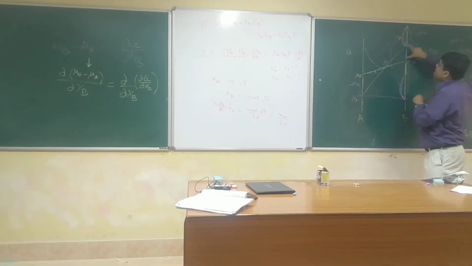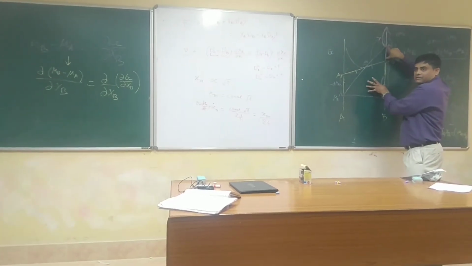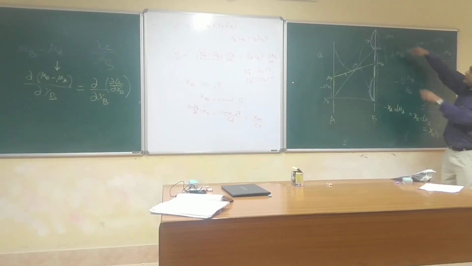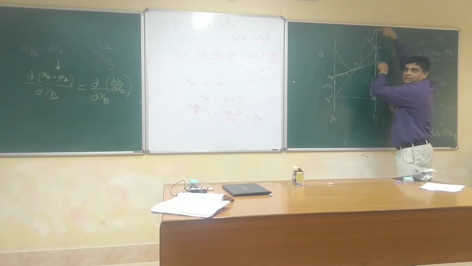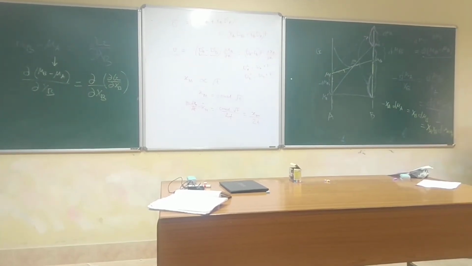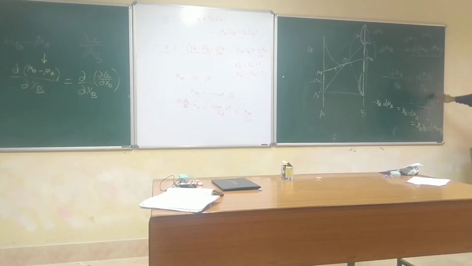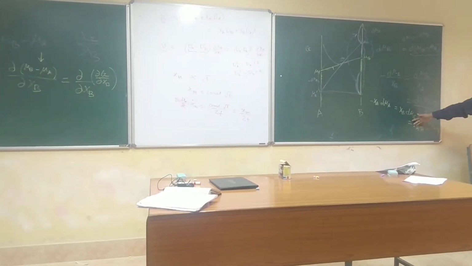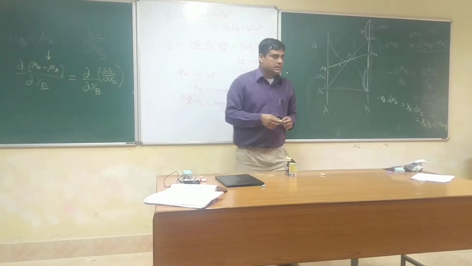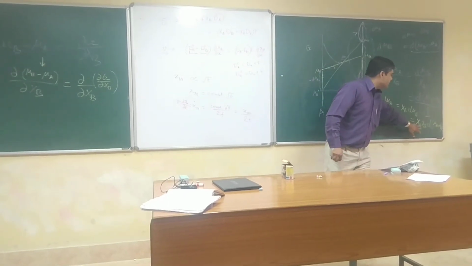This is d mu b over xa, equal to this total length divided by the whole length. We are taking the slope, equating the slope. From the identical triangle you get this. From this you multiply by xa xb. So what you are getting? xb d mu b equal to this one.